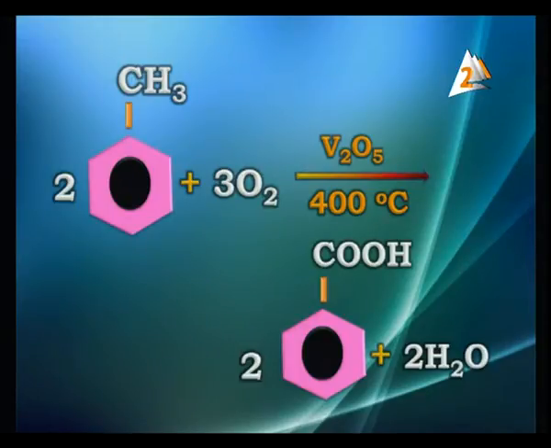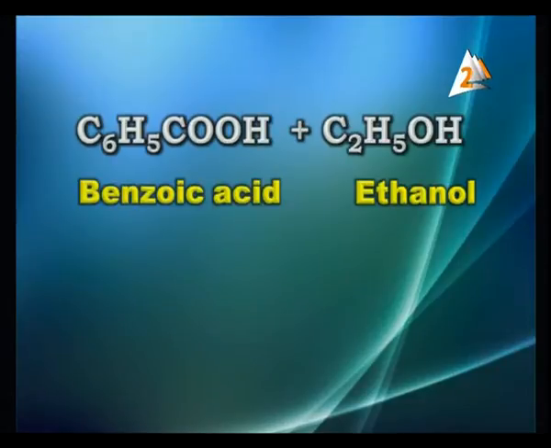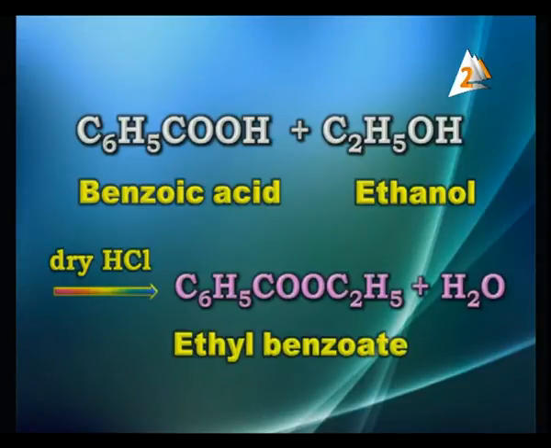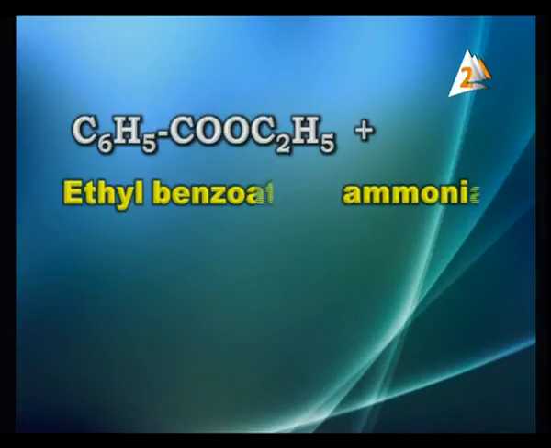So another one, we have benzoic acid and ethanol. We have the reaction between them, giving ethyl benzoate. So this is an ester from benzoic acid and ethanol. It is made in 2 steps. Here we have the ethyl benzoate and ammonia.